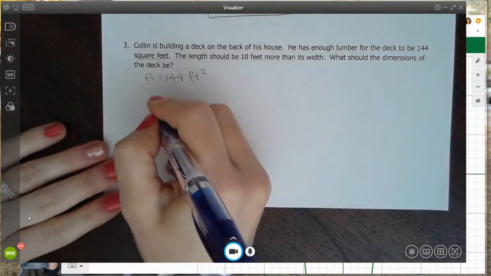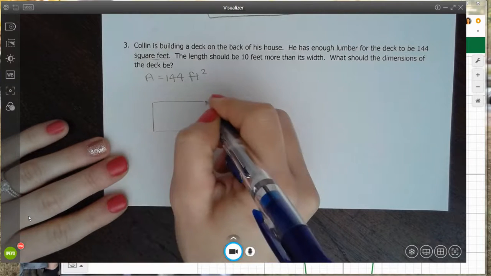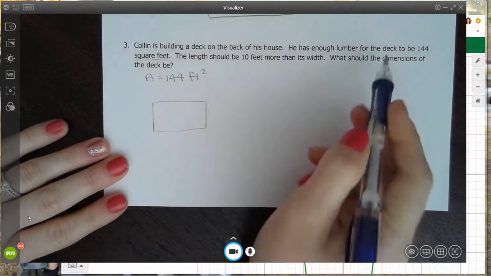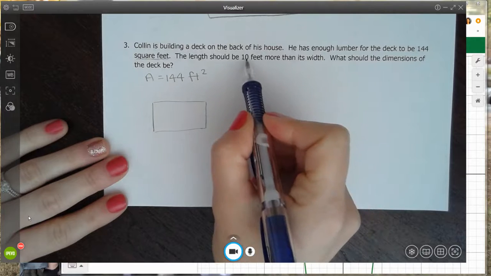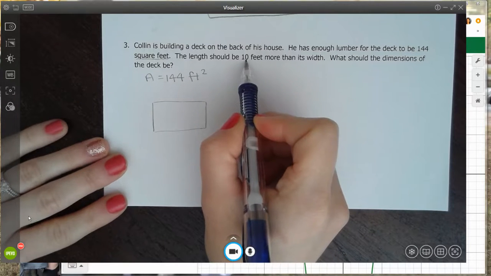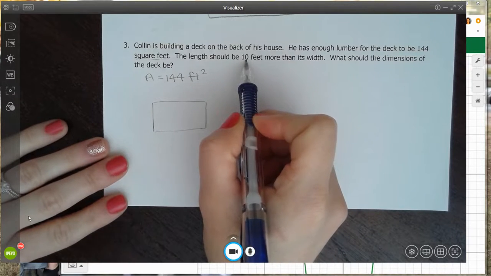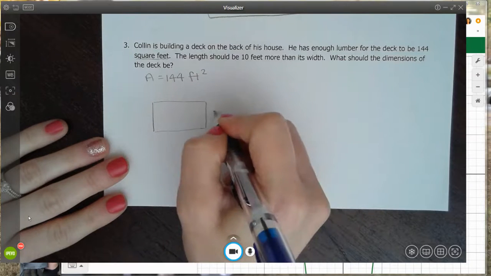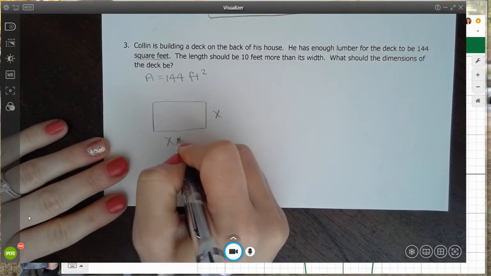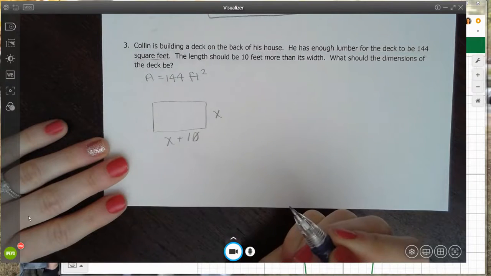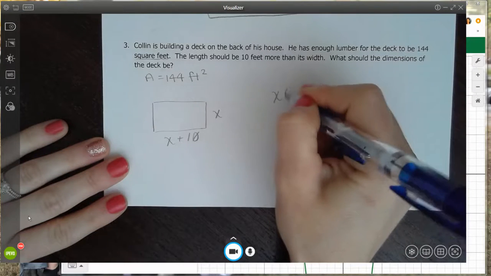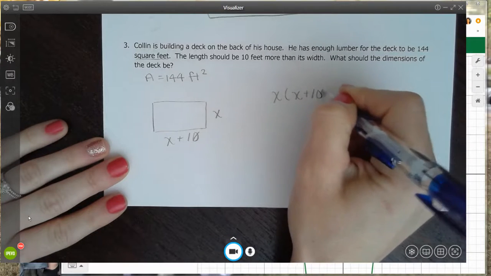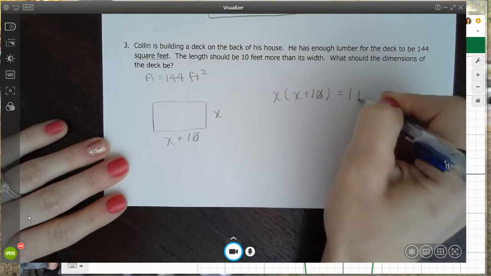So again, thinking about what our deck would look like, since it's going to be 10 more feet than the width, I know it will be rectangular instead of square. So I'm going to have x and x plus 10. So I'll have x times x plus 10 equals 144.